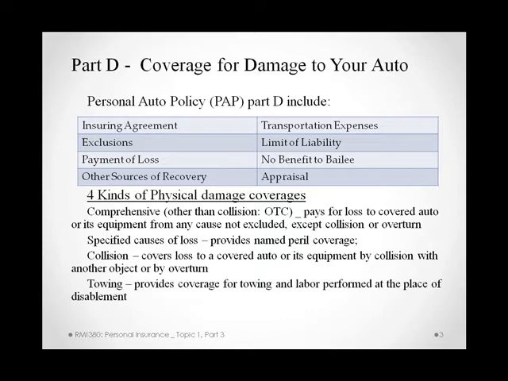It's not due to your driving. When you hit a deer, it is highly unexpected. You're not expecting to hit a deer. So the hitting of a deer, even though it's a collision, is still paid under the other than collision coverage.